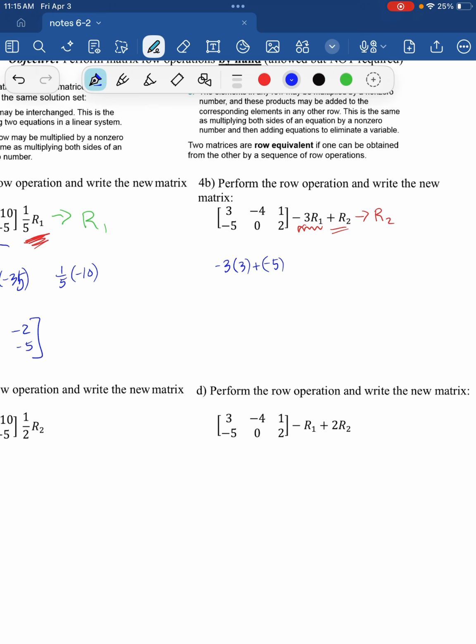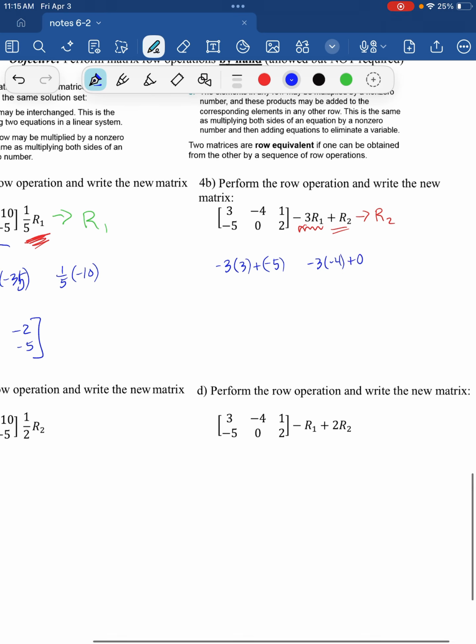I'm going to take -3 times row 1's second element, which is -4, and add row 2's second element, which is 0. I'm going to take -3 times row 1's third element, which is 1, and add row 2's element, which is 3. So row 1 is not changing. We used it, but it's not changing.